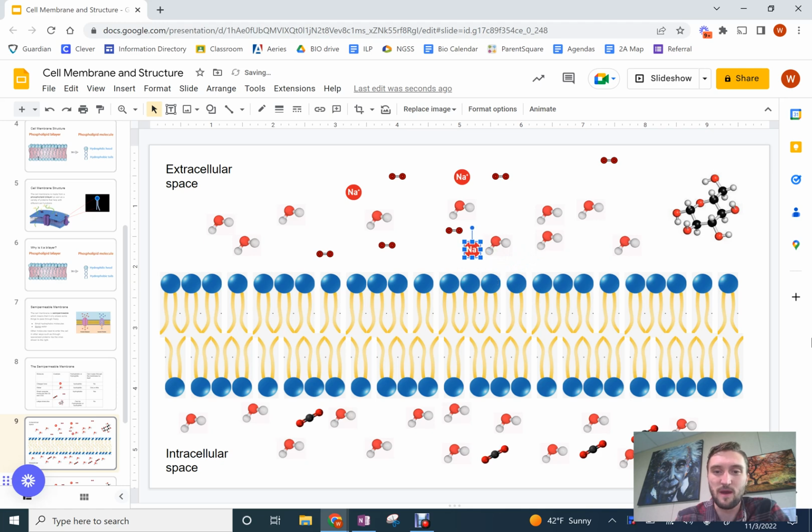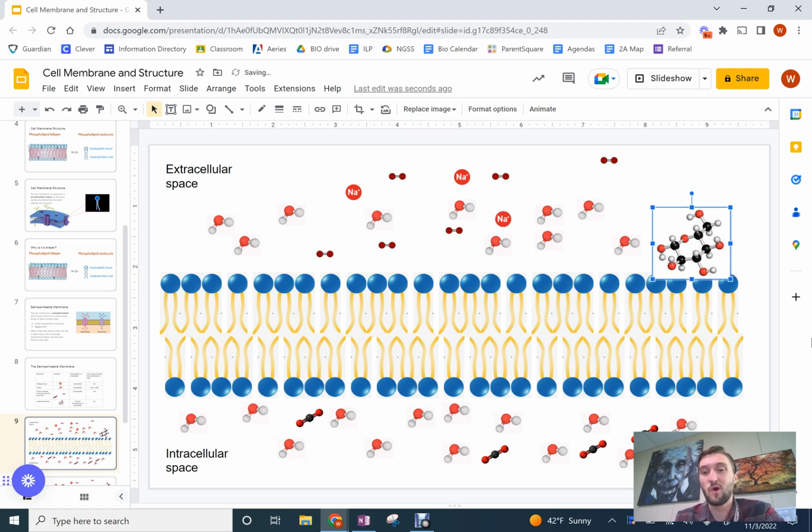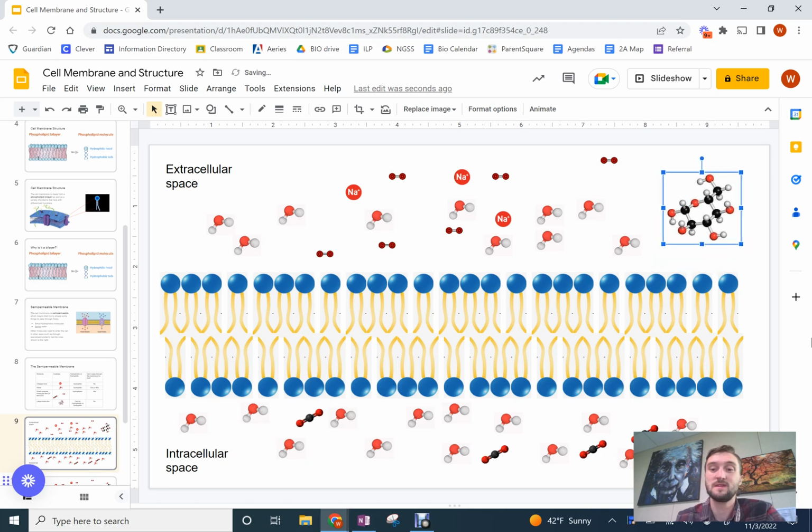They're just left to bounce around and hope they can find a channel either in or out. And of course, you can see clearly that our large molecules here, no way that's going to fit through. It's going to need a special protein or another way to enter or exit the cell. There's no way it's getting through the membrane either way.